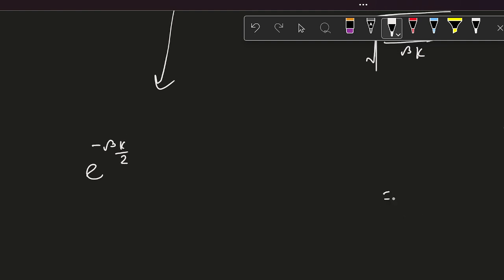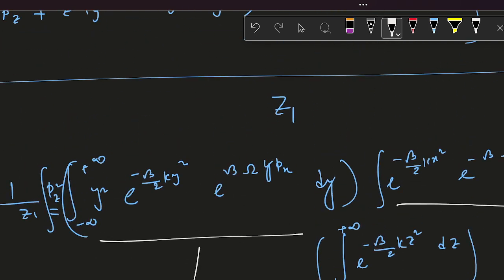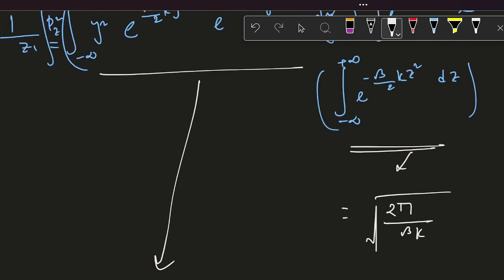So this is just, again you have to similarly reduce it to an equivalent Gaussian term, which is just your integral of dx, e to the power of minus beta k by 2 into x squared plus 2 omega x py. So this is a similar integral to the one that we had solved for solving z1 also.